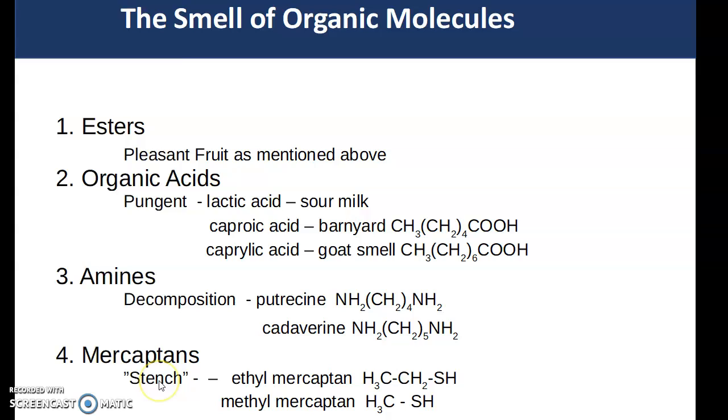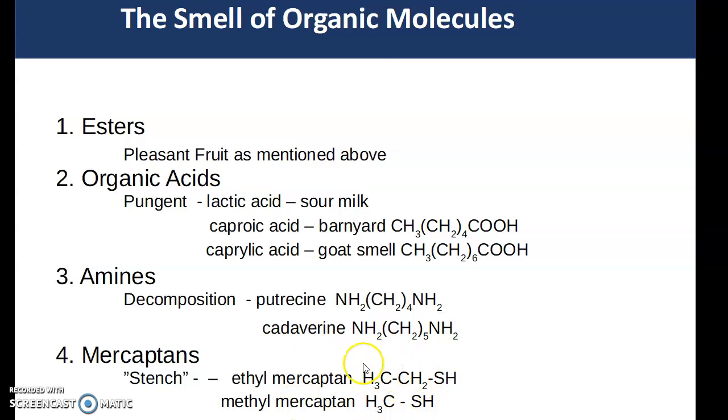Mercaptans. This ethyl mercaptan is appropriately named stench. If this is a thiol group here, this would be ethanethiol, or ethyl mercaptan. This right here is methanethiol, and so this is methyl mercaptan.